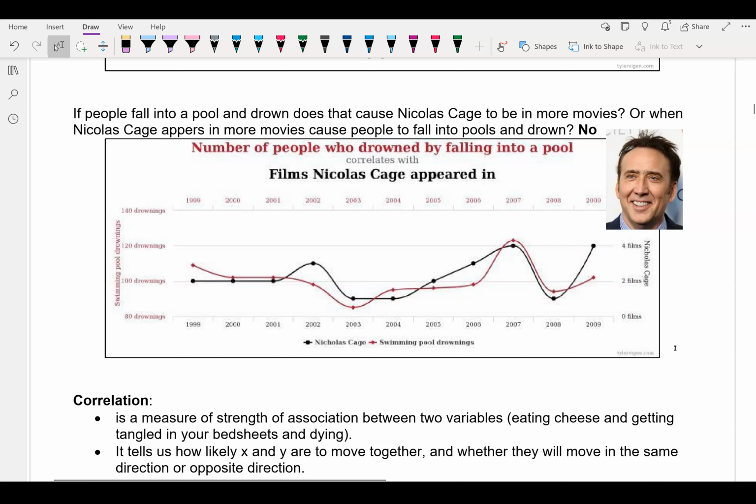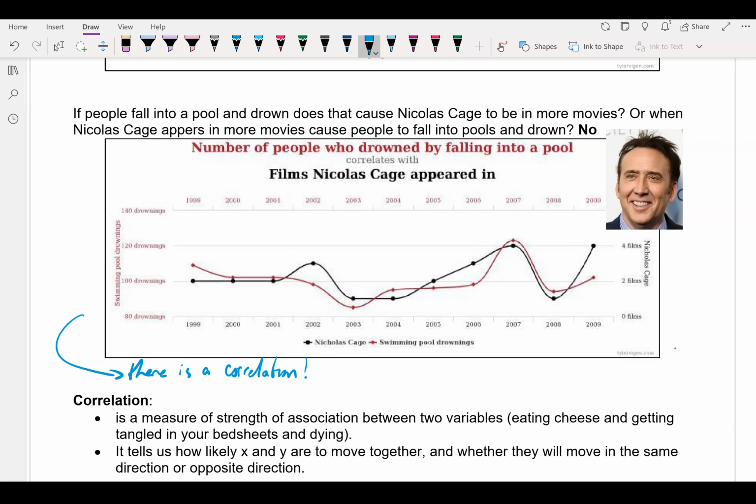No, but there is a correlation. There is a relationship between the data. It seems that one goes up when the other goes up, or one goes down when the other goes down. That doesn't mean that they are causing each other, but there is a correlation here.